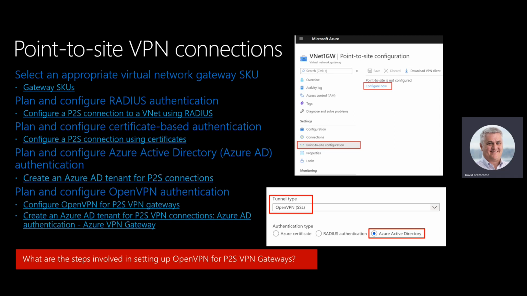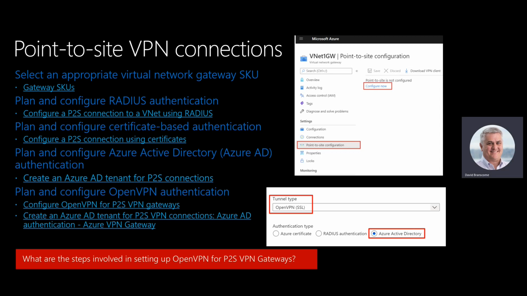So the client computer is the point and the Azure virtual network is the site. A point-to-site connection is initiated from the client computer. This model of VPN connection is useful for telecommuters who may need access to different Azure virtual networks from a remote location, from home, from a coffee shop, wherever they might be.